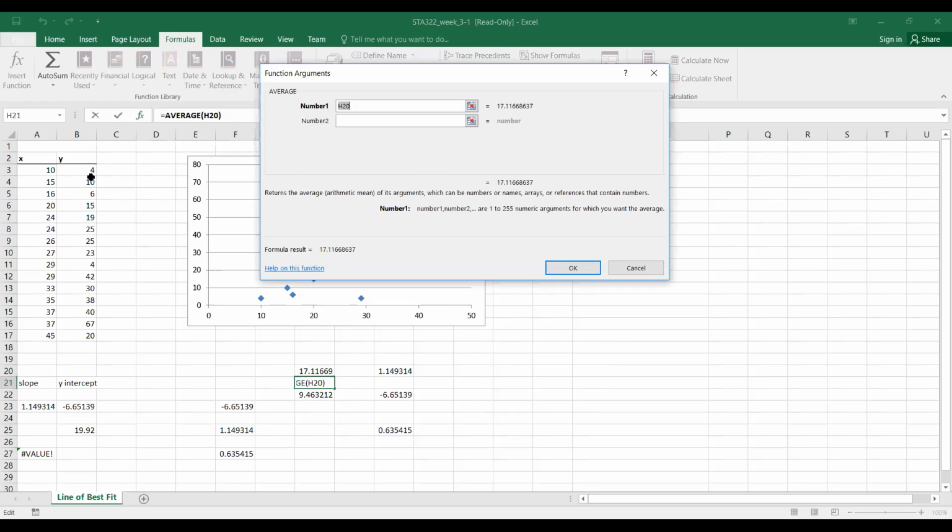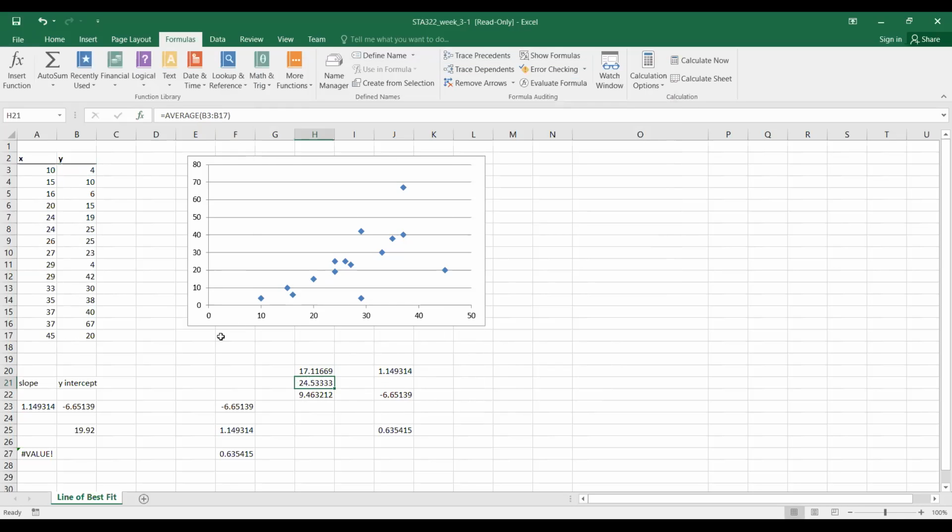So we have the average and we want to do Y. And we find that the average value of Y, the mean of Y, is 24.533. Note that is over a range of 63.